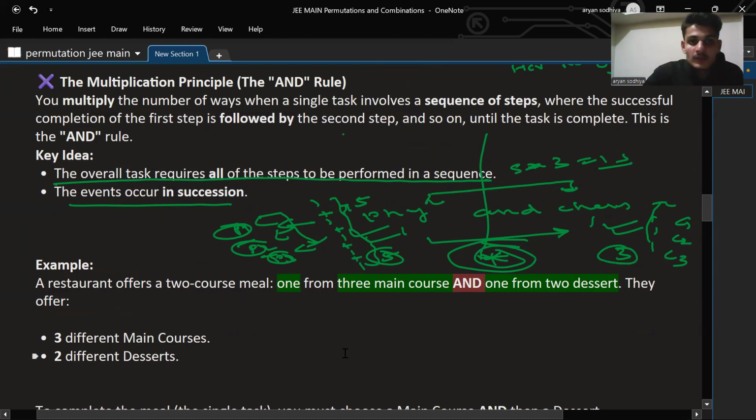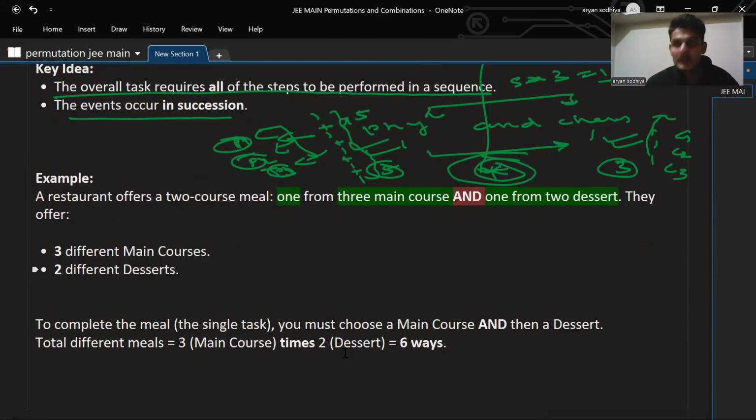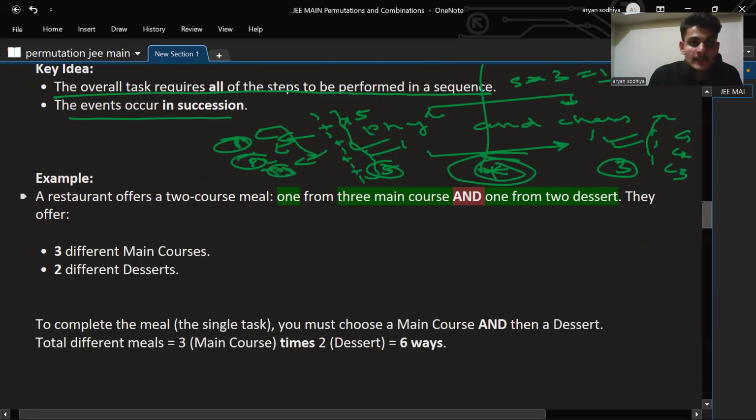So let's move to the question. Practice will clear your doubts when you face many problems. You will understand what problems you are facing and what misconceptions you have made, and then you will obviously get clarity. The restaurant offers a two course meal, one from three main courses and one from two desserts. And is here the keyword.